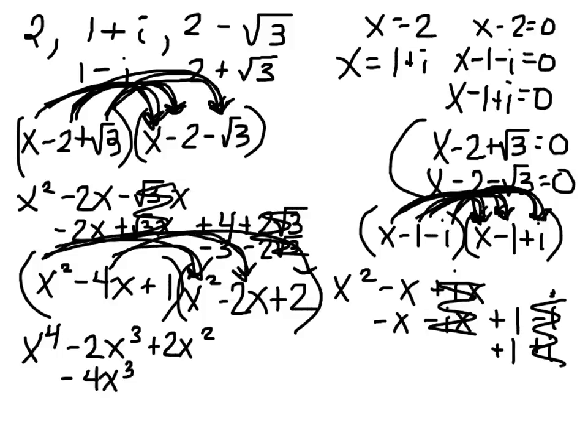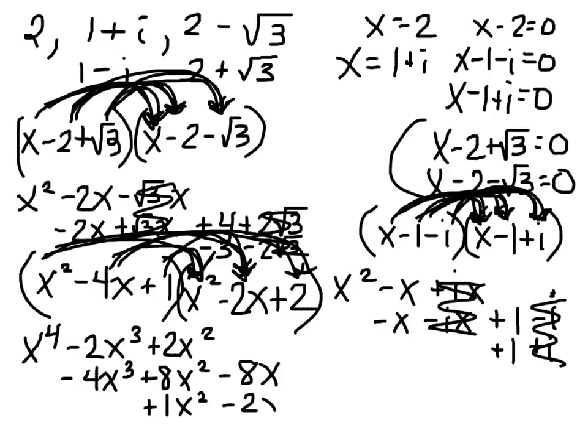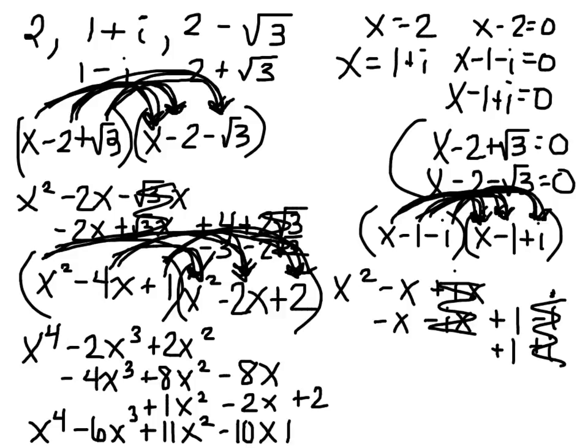Negative 4x times negative 2x. 8x squared. Negative 4x times 2. Negative 8x. 1 times x squared. 1 times negative 2x. 1 times 2. And when I combine like terms there, I got x to the fourth minus 6x to the third plus 11x squared minus 10x plus 2.